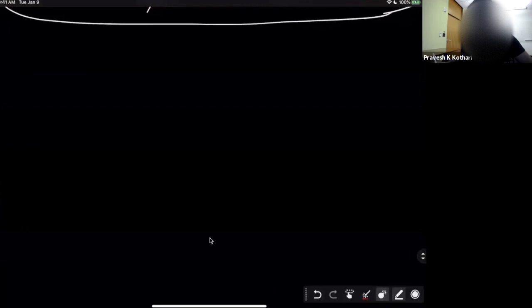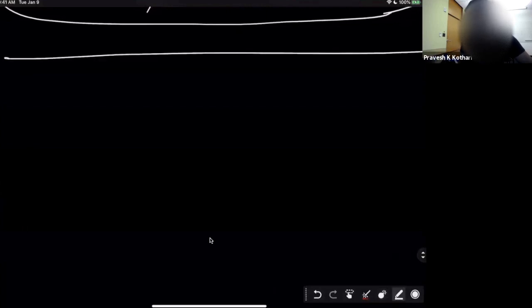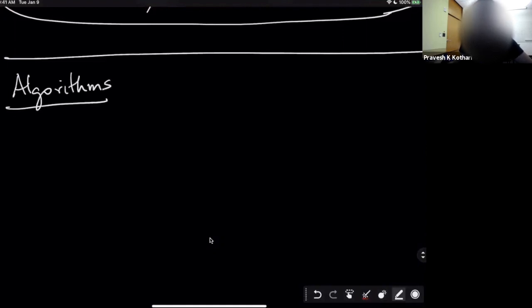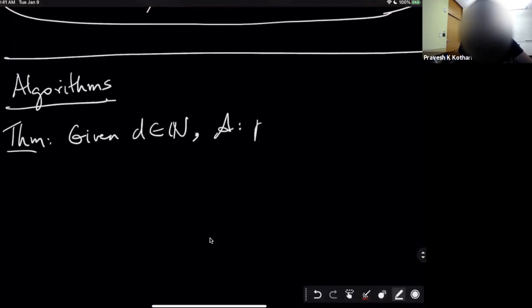Okay, so let's do the final thing. Again, not going to prove it, but the final thing we want to do is understand when we can compute these objects. I want to write the theorem statement only for computing pseudo distributions, because that's what we're going to use now. So here is a theorem. D is an integer, A is a polynomial system.